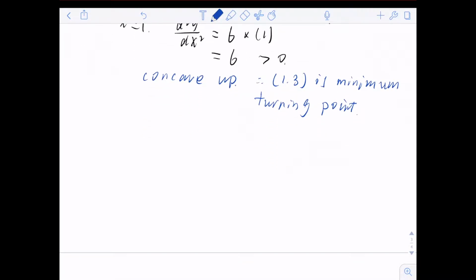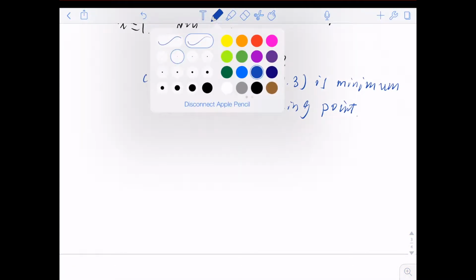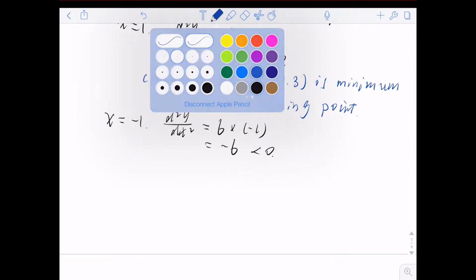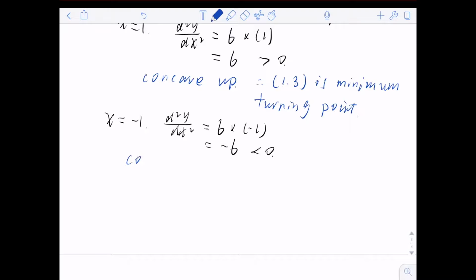And then we have to do the second one when x equals negative 1. So my second derivative will be equal to 6 times negative 1, which equals negative 6 and less than 0. Therefore, it's concave down.